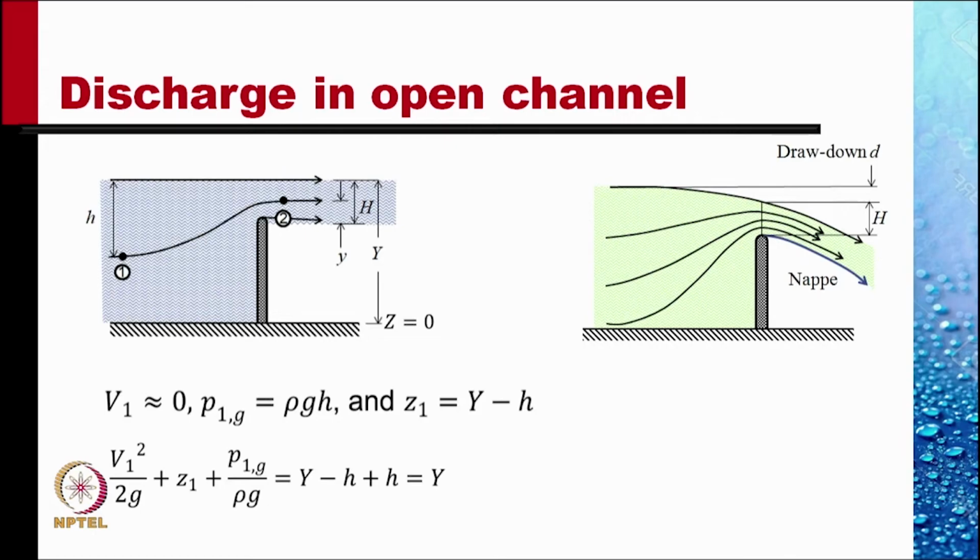The elevation Z1 is capital Y minus h, where capital Y is the total height of the flow in the channel and h is the depth of point 1 from the free surface. Since the pressure below the jet and above the jet are both atmospheric, it is fair to assume that the pressure at point 2 is atmospheric.